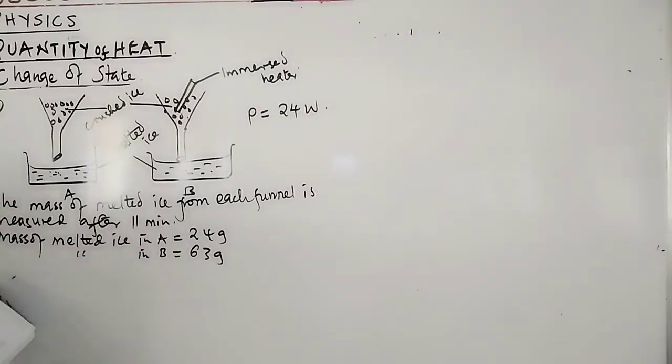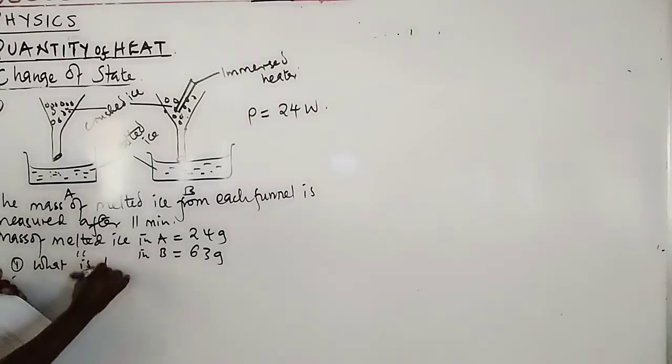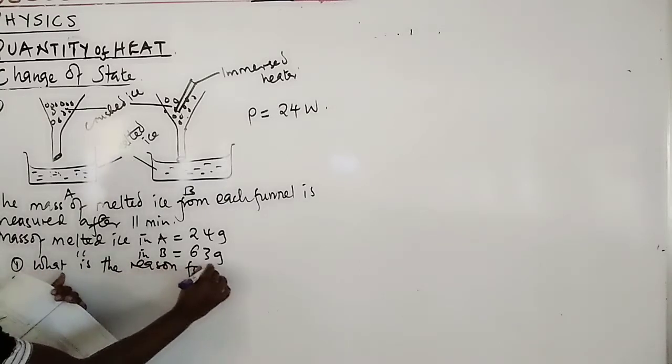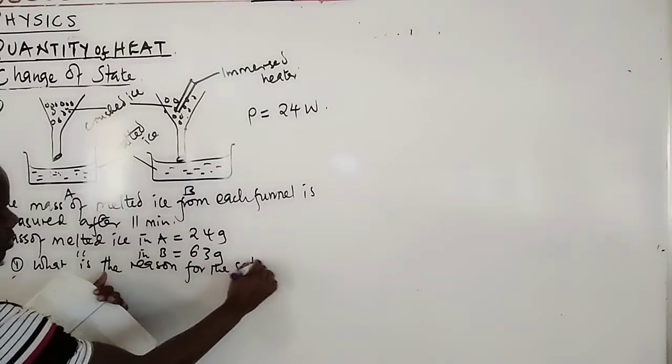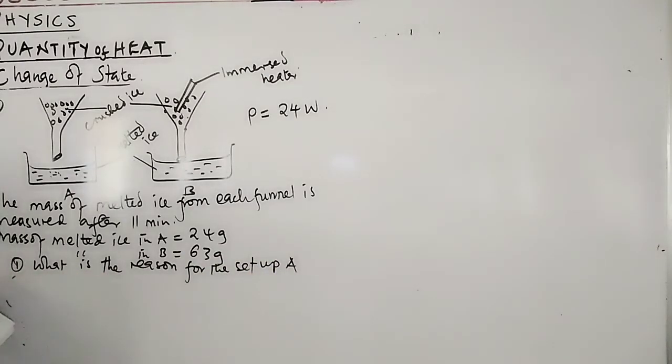What is the reason for the setup in funnel A? Then determine the Roman 2.